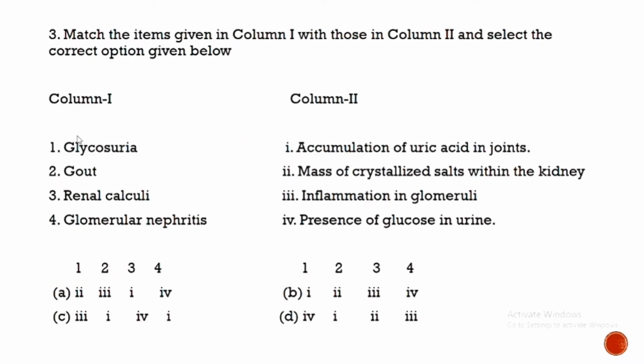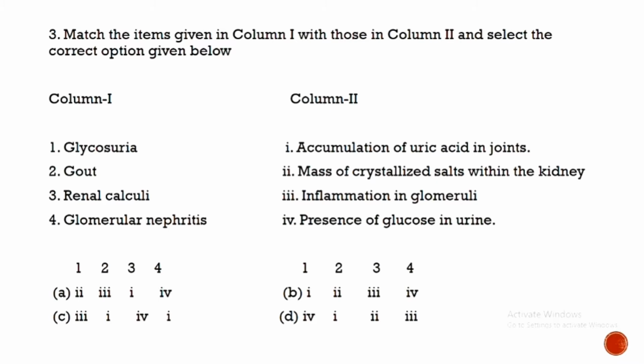Now going to question number 3. Here, in column number 1, the items are glucosuria. What do you mean by glucosuria? Glucosuria is a condition of increased level of glucose in blood, which occurs due to untreated diabetes.